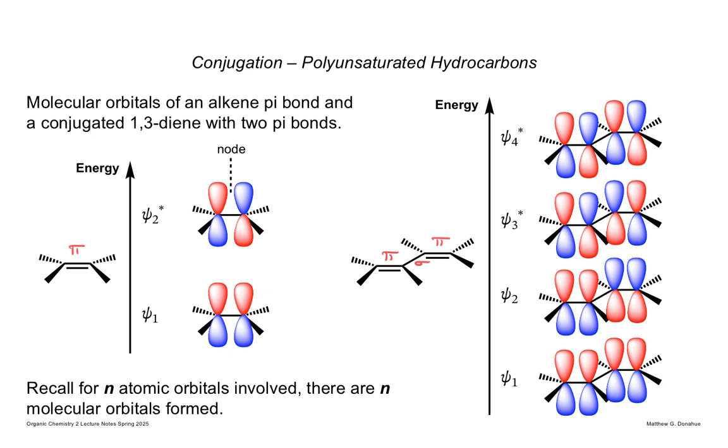So on the left-hand side, we know that a pi bond is made up of two p orbitals. And if we start from the bottom of this energy diagram, we see that this psi1 here, to make up that pi bond, the phases of those orbitals have to be aligned so that you get sharing to form the pi cloud. So we're starting with two p orbitals.